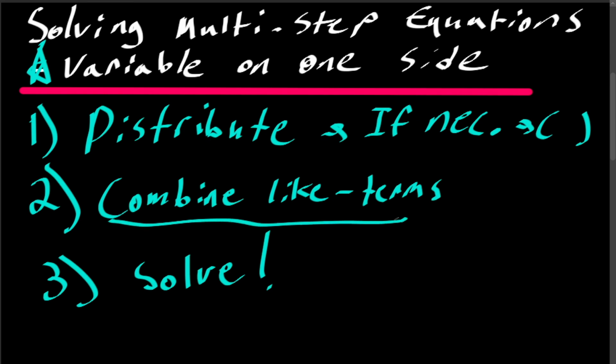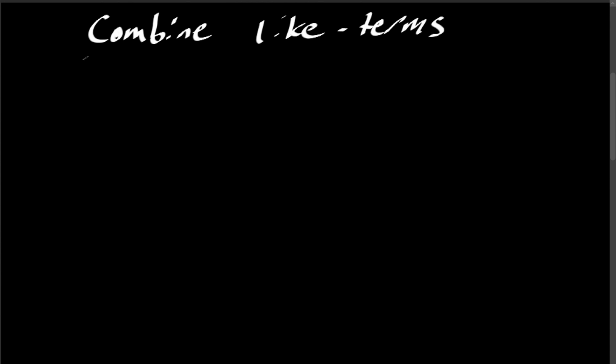Let's talk a little bit more real quick just about combining like terms. I won't bore you to death. If you haven't been over this, or maybe you just need a refresher, you might be asking, what are like terms? What does that mean? You need two things to happen.